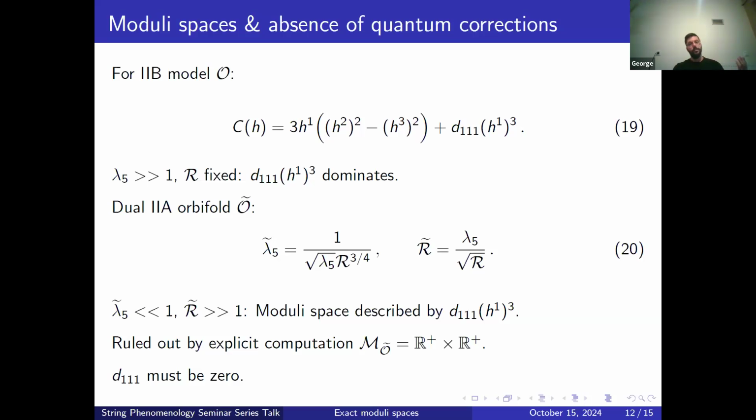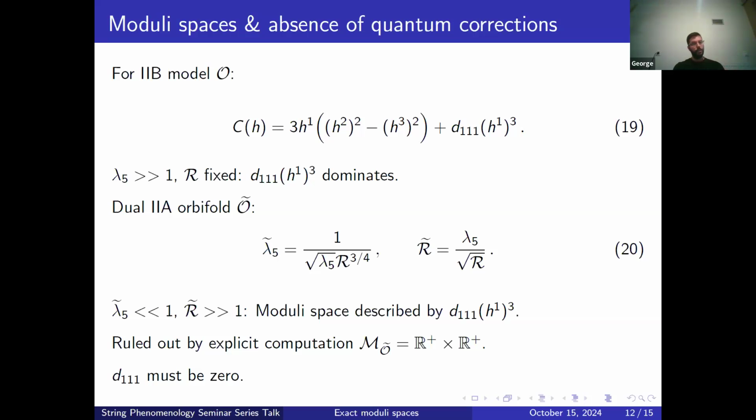In this limit, if we take the coupling very large at fixed radius, this term proportional to H1 cubed should dominate, as this is a quantum correction with respect to the first term, the classical term. But in this regime, we also have a dual description, given in terms of this type 2A orbifold, this O tilde orbifold, which now is weakly coupled at large radius.